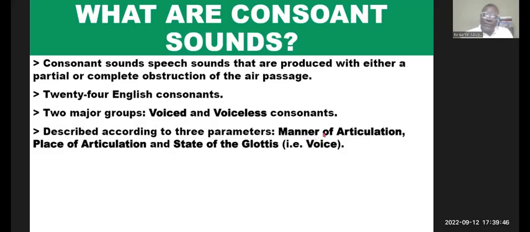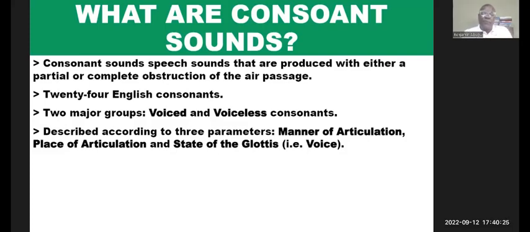But just a brief description of this. Manner of articulation has to do with how the sound is produced. When I talked about how we produce B and P, the two lips coming together and forming complete obstruction, and then a sudden release, and the air escapes with an explosion, that is the manner of articulation, and that is why we call the sound plosive.